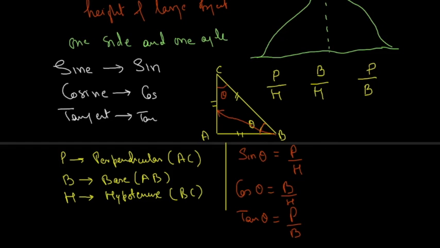So this becomes opposite over hypotenuse. Base is adjacent over hypotenuse, and the perpendicular is our opposite, and base is adjacent.